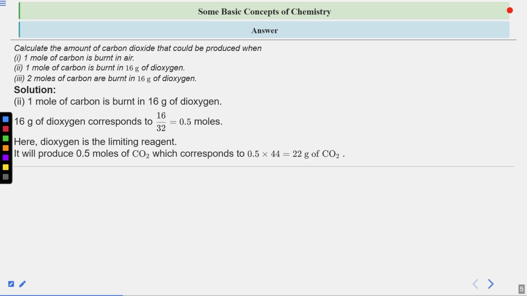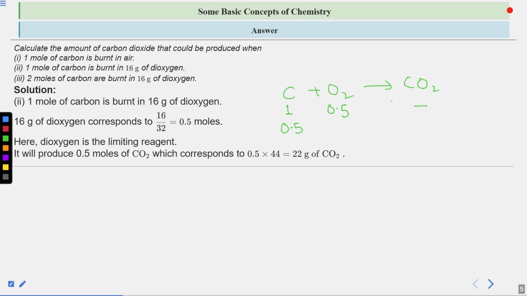Now we can say that in this initial case of CO2 formation, initially we have 1 mole of carbon and 0.5 mole of dioxygen. Product is not formed, it is 0. After the combustion, carbon will be consumed, but not completely, because to burn the whole 1 mole we need 1 mole of dioxygen, but we have only 0.5.